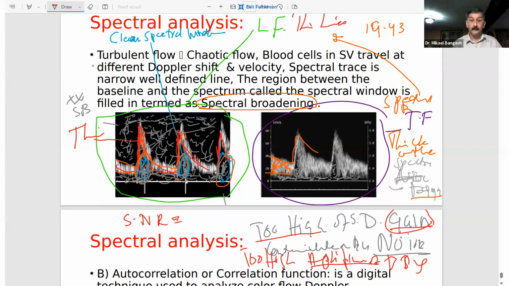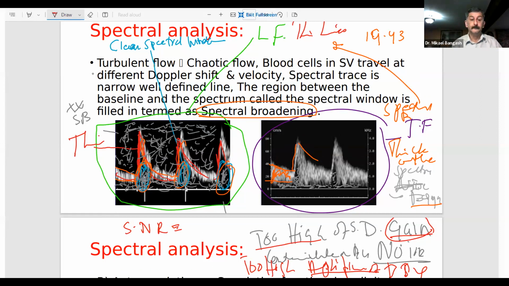Are you girls getting that? The same can also happen on a color Doppler. Well, let's not go there yet.